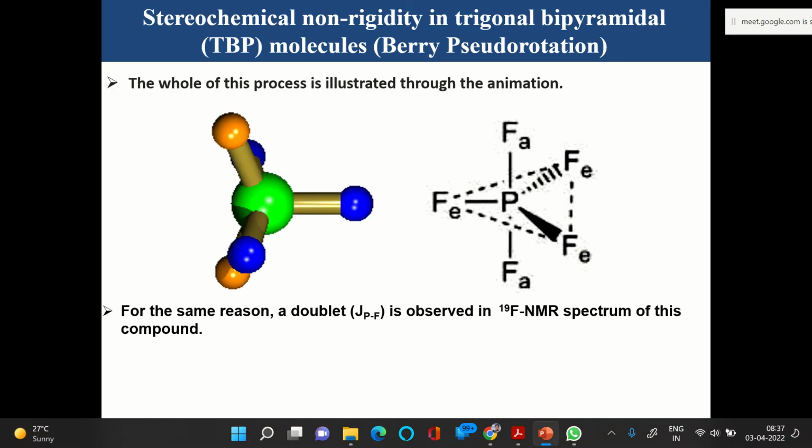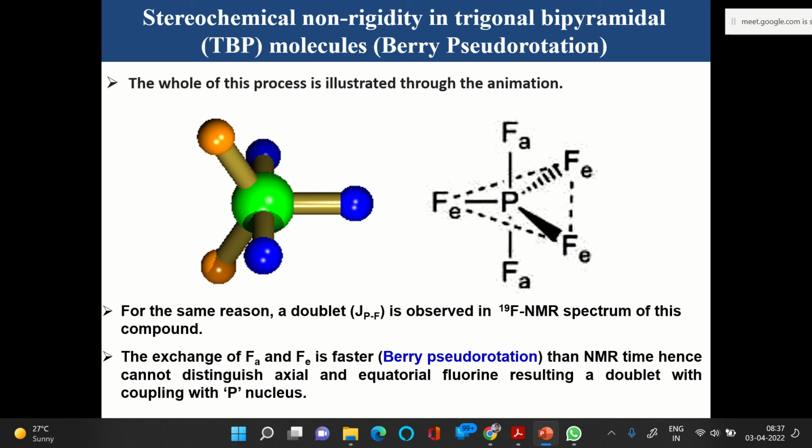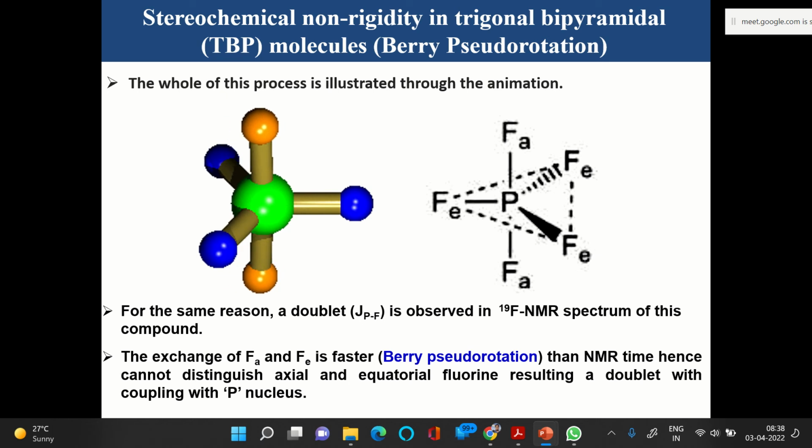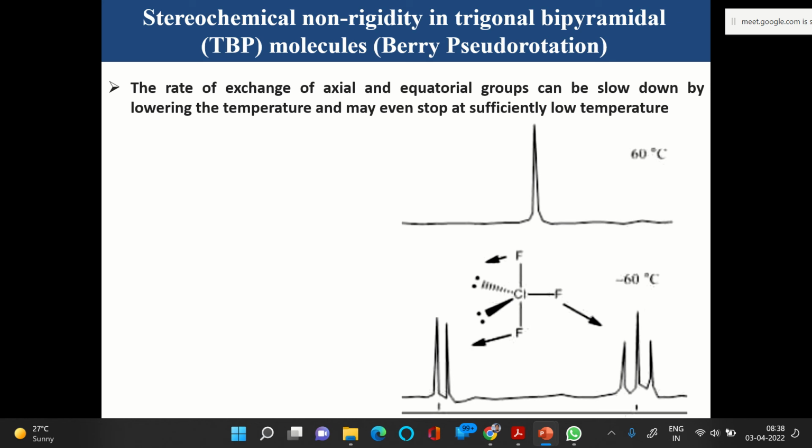Similarly you can think of any other TBP, trigonal bipyramidal, molecule having this kind of geometry that will be affected by these considerations, that is pseudo rotations making all the positions equivalent, axial and equatorial, and then you analyze the splitting pattern like this. So look at the ClF3.